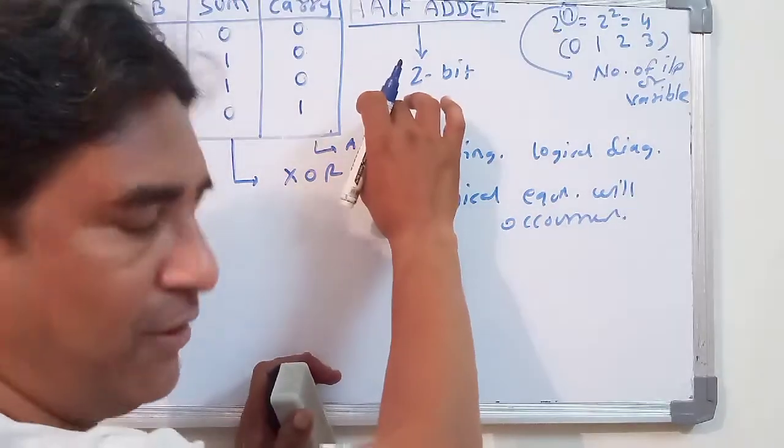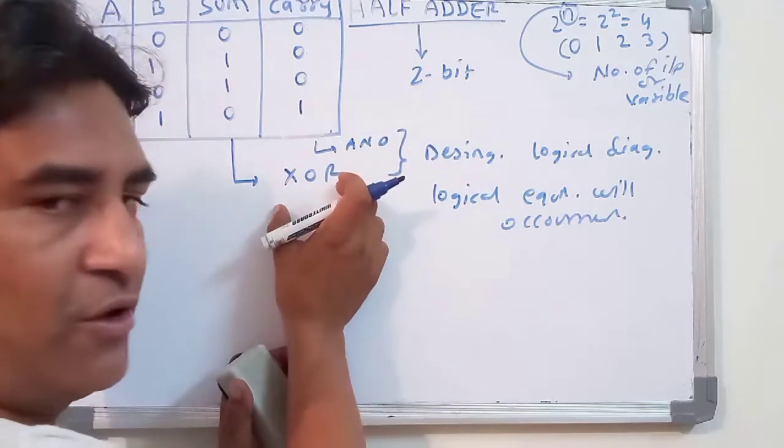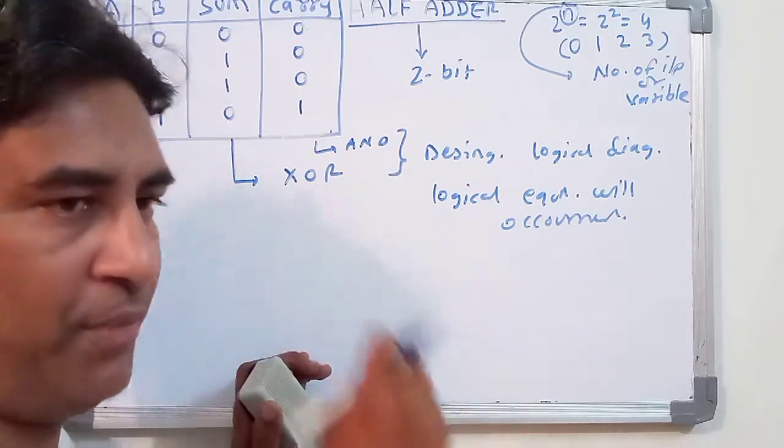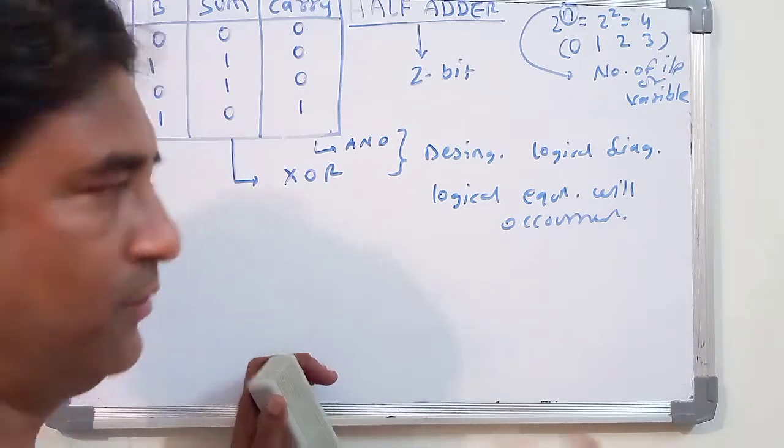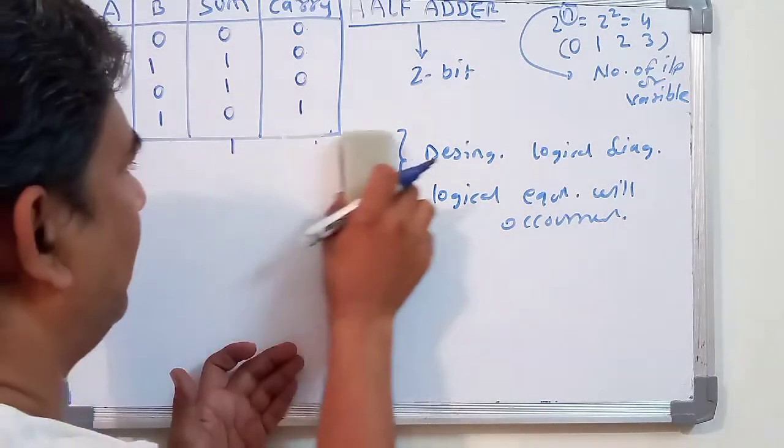As you know the AND logical equation and the XOR logical equation, you simply have to put them down. Now we will see the logical diagram.